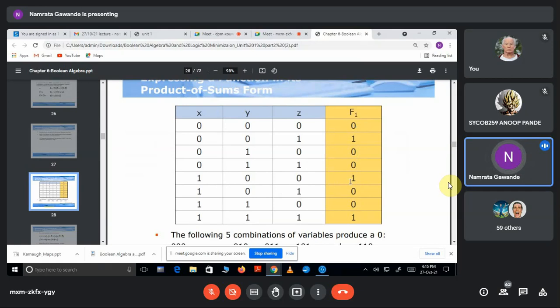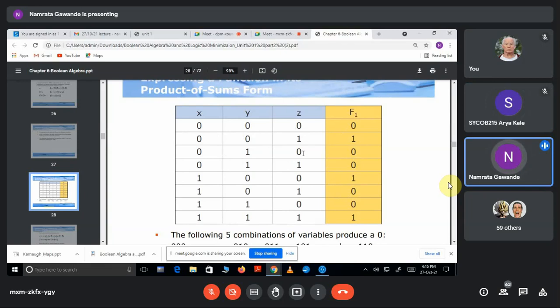Those max terms you have to consider. Now, in this particular truth table, wherever you are getting 0, those terms you have to consider. So, how many combinations are producing the output as a 0? 5 combinations, right? In POS, exactly the reverse of SOP, you check where the output is 0 and write those combinations. 0, 0, 0 is the decimal 0.